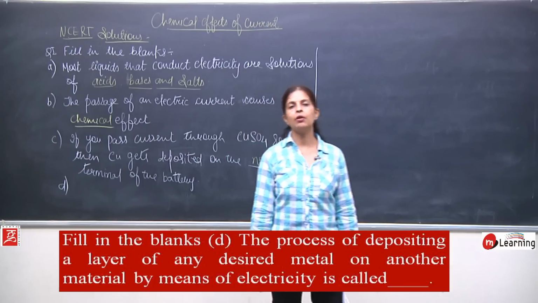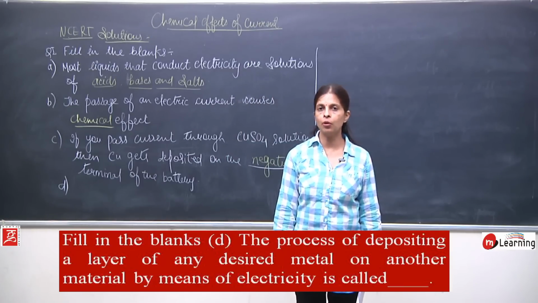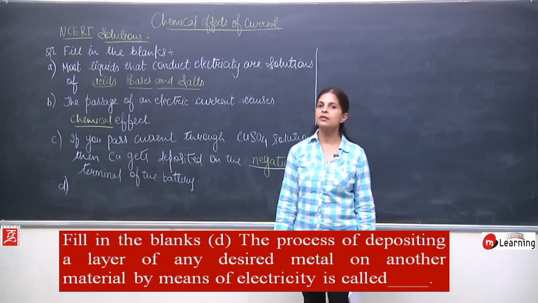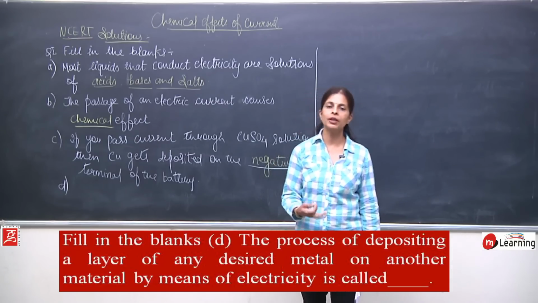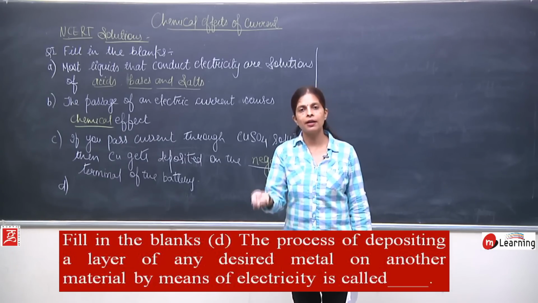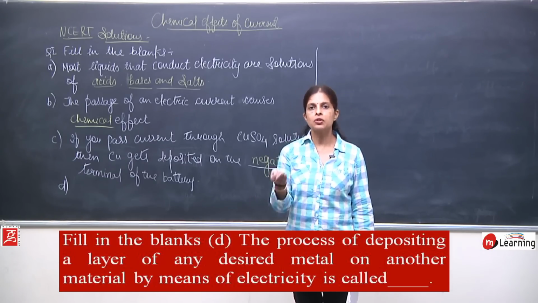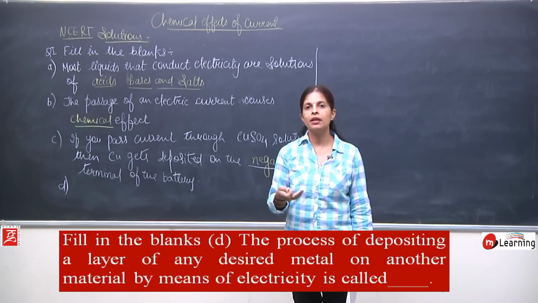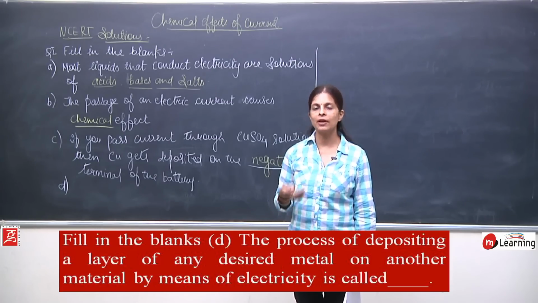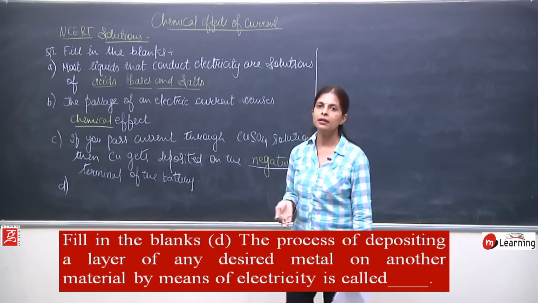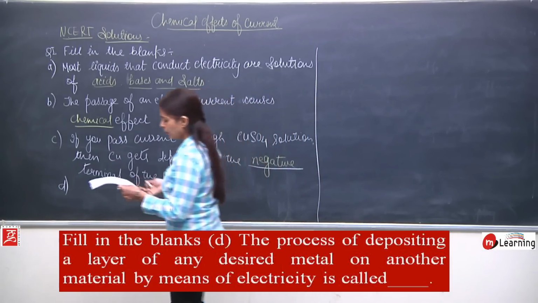Take the example of gold. It is electroplated on many silver jewelries, and the silver jewelry gives a look of gold, and silver electroplating is done on artificial jewelry, so that those articles give the look of silver. So electroplating is a method in which one material is deposited on another metal or material.